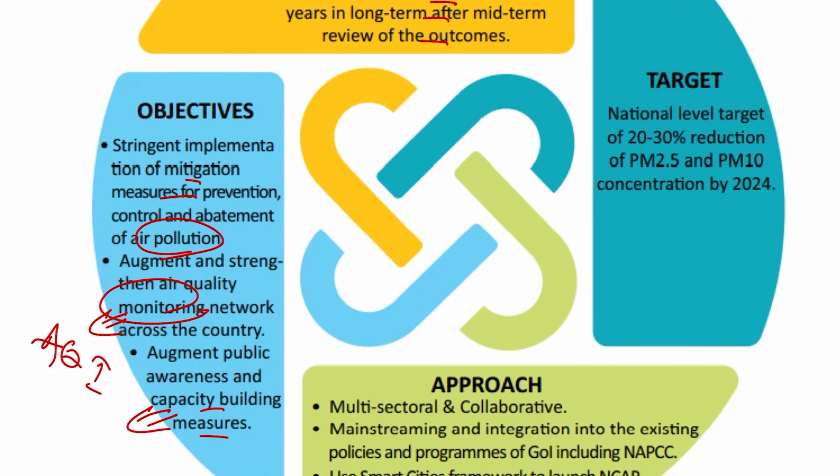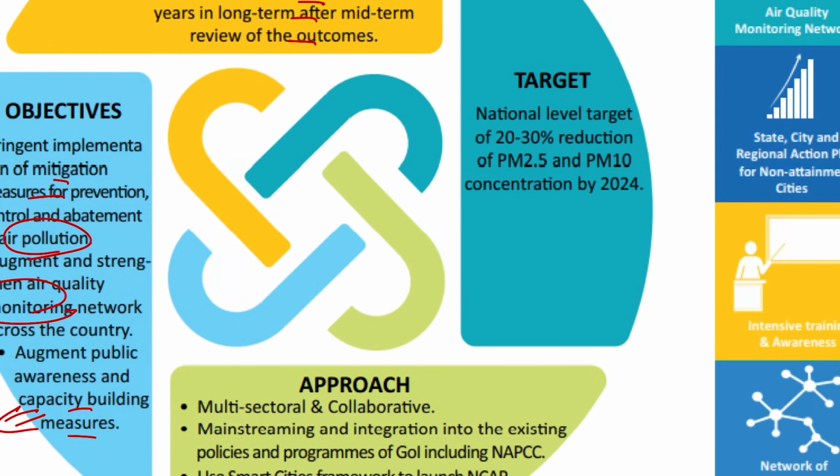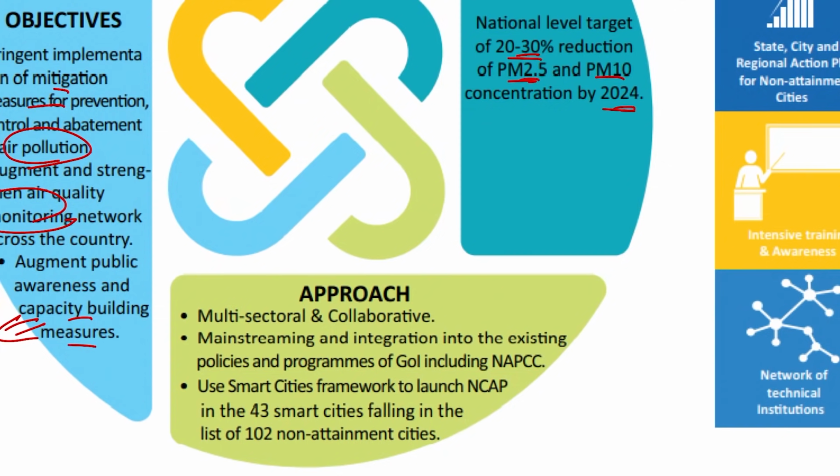Then augment pollution awareness and capacity building measures. So we studied that the ULBs or the urban local bodies will be improvised by these NCAP funds. Then the targets we had already discussed, the national level targets of 20 to 30% of PM 2.5 and PM 10 by 2024. Then the approach, how will be the approach? It will be the multi-sectoral and collaborative approach. So we had discussed that many ministries, they will collaborate here.